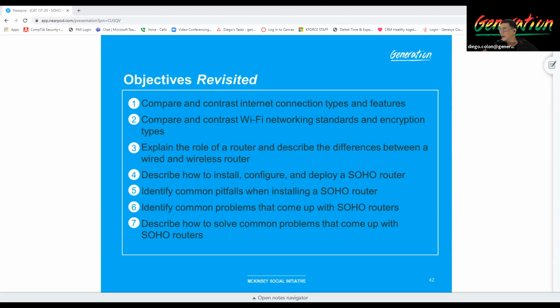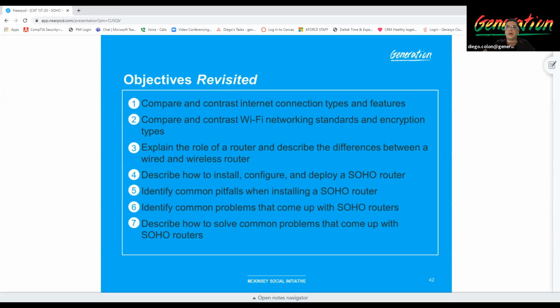Can a SOHO router do that? I'm going to guess and say no, because it's not a DHCP server. I don't know for sure. Actually, you can assign yourself the IP address through the router software, probably.